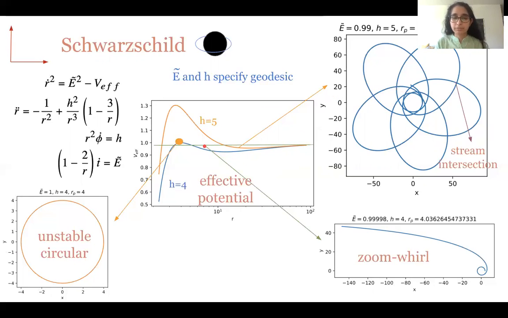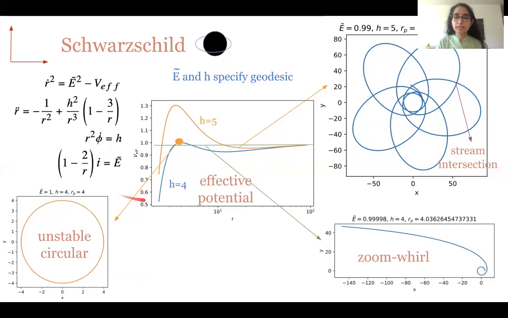From the effective potential, we can find other more interesting orbits. For example, if you're at the peak of the h equals 4 potential, or the angular momentum equals 4 potential, we get an unstable circular orbit, which basically, if you push the particle orbiting the black hole even a little bit towards the black hole, then it just goes plunging in.